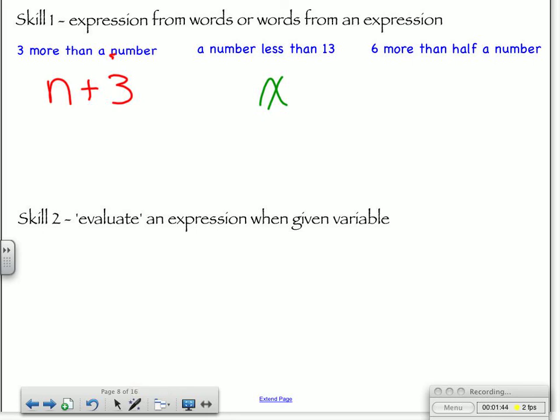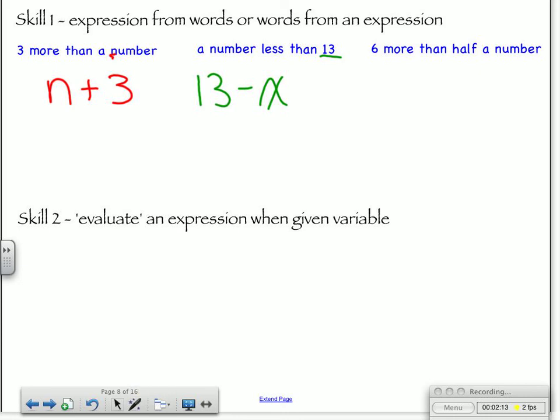It's not X minus 13 because that would be 13 less than a number. Right? This is a number less than 13. We're starting with 13 and taking a number less from that. So it's actually going to be 13 minus X. Subtraction, and then we're about to look at division. They're slightly trickier because the order really matters, which way you put it.